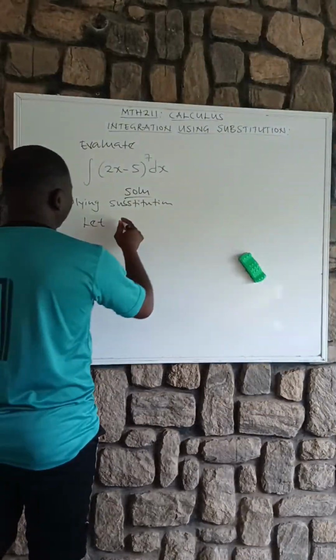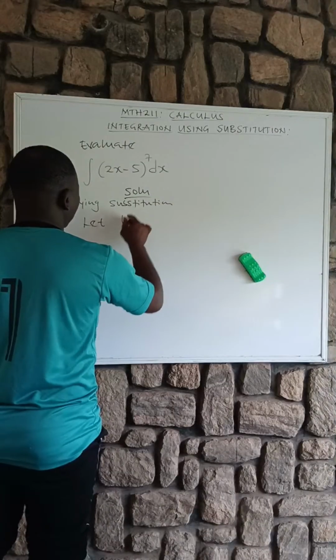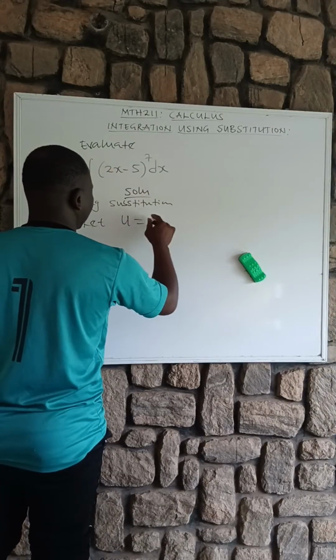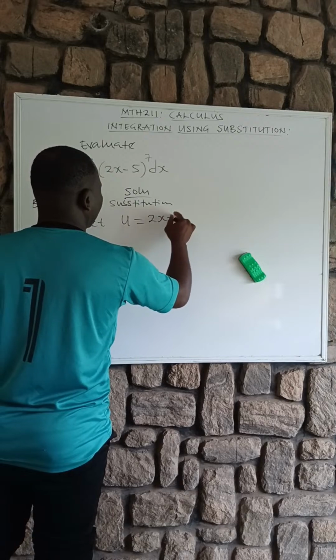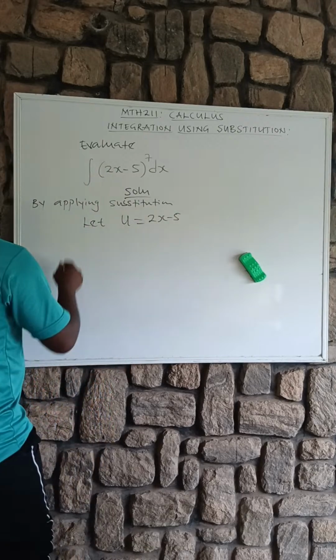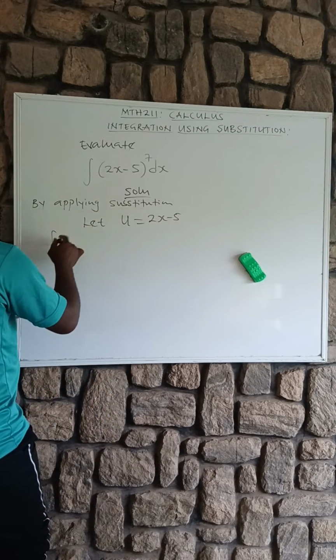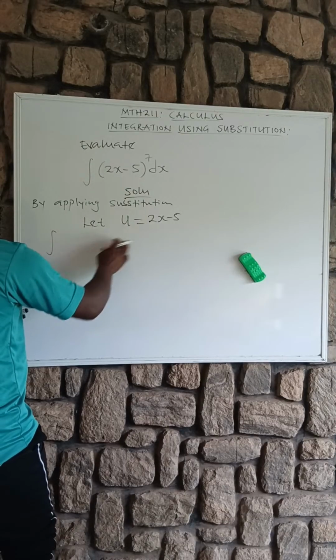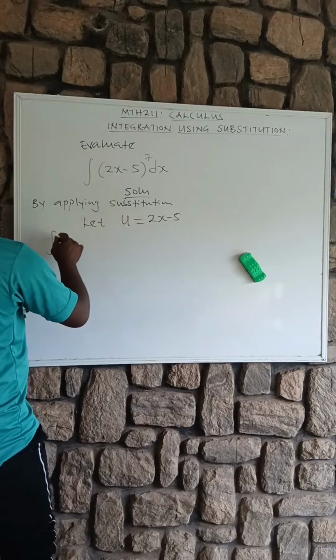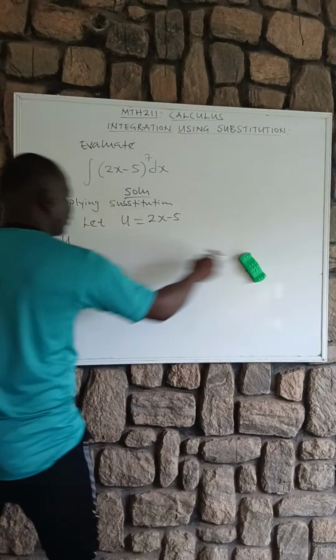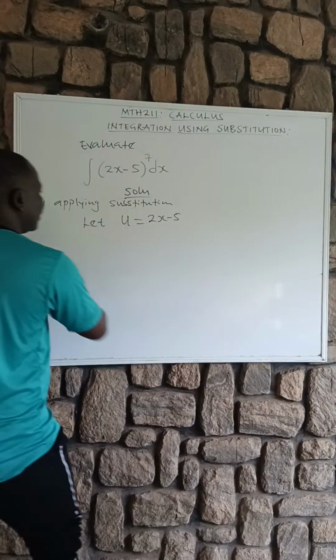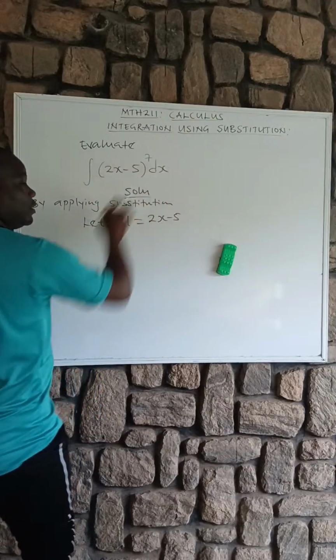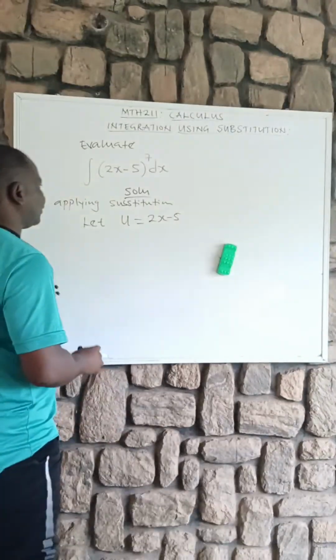We say p or u. Let u be equal to what is inside this function, 2x - 5. So it implies that our integral is now in terms of u, true or false, but we are going to substitute for this dx, true or false.